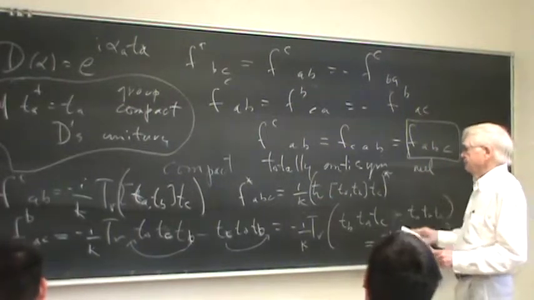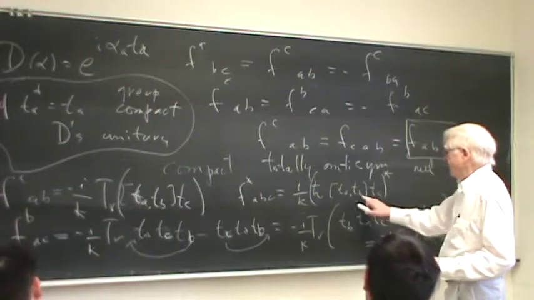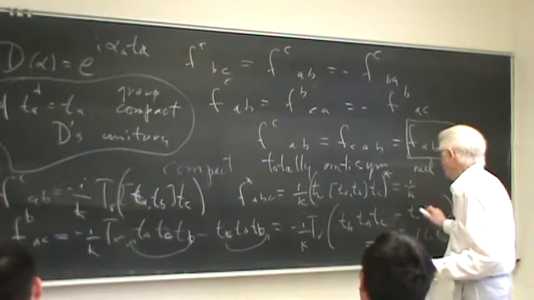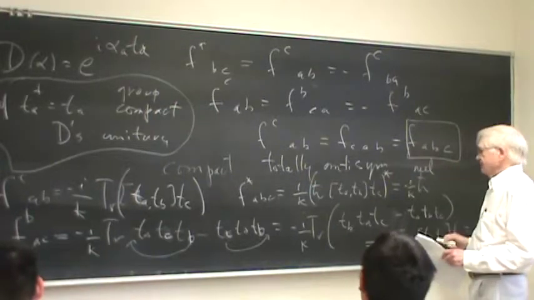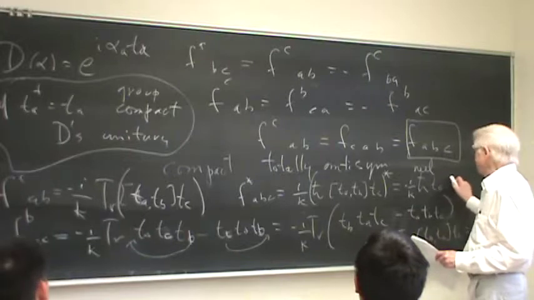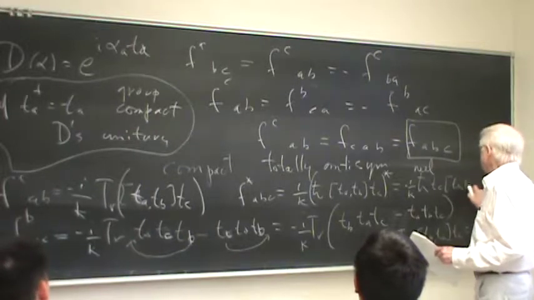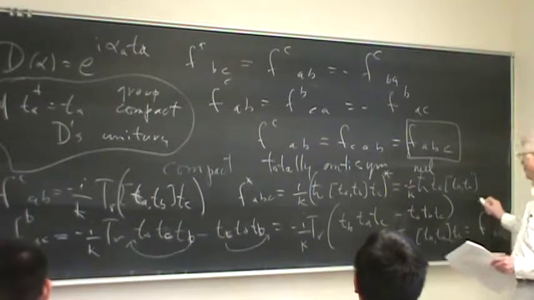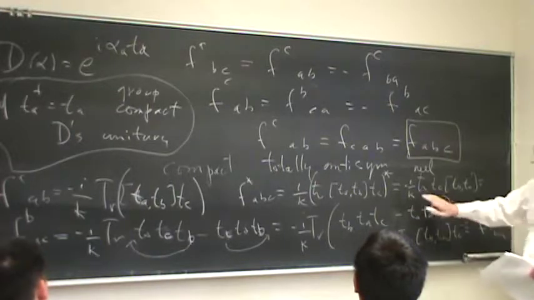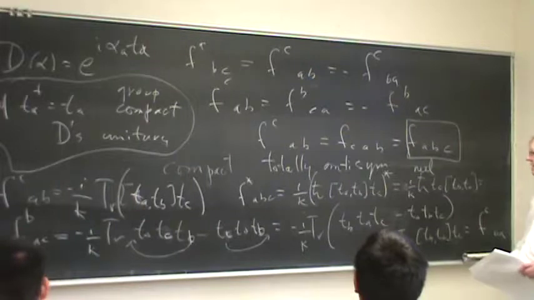And when we complex conjugate that, what we get is minus I over K trace, and these are all Hermitian, so this just becomes TC TB TA, and altogether this turns out to be, where did this minus sign? There was no minus sign here.